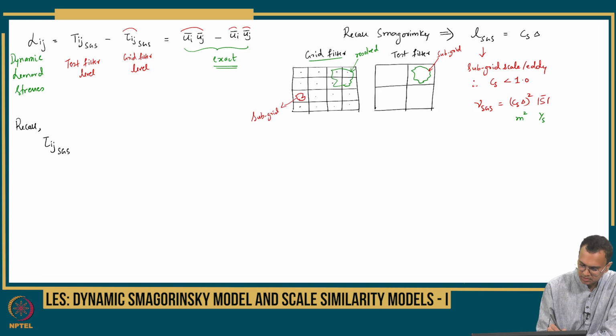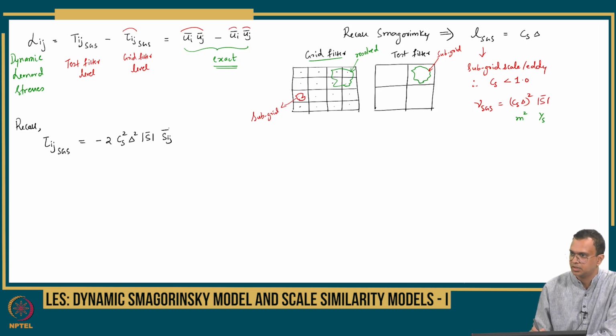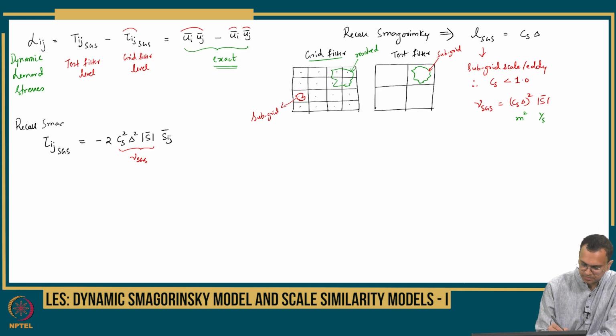Okay, this tau ij SGS model is essentially you are saying it's minus 2 CS square delta square, that is your length scale, subgrid length scale, the inverse time scale, and of course the strain rate, filtered strain rate, right? So this is your nu SGS in a Smagorinsky model. So I am recalling here Smagorinsky.